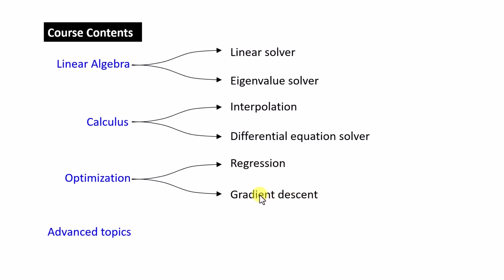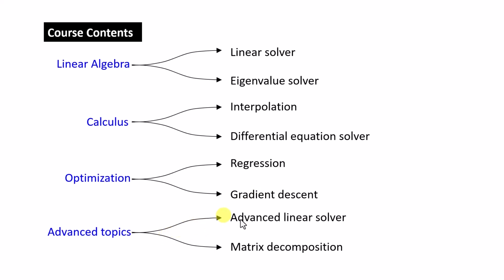Once we cover all the above, at the end of the course, we will discuss a little bit of advanced topics where we will talk about advanced linear solvers. In the linear algebra part, we will talk about very basic solvers, but in modern days, there are many advanced solvers. We'll talk a little bit about it. And then matrix decomposition, which is at a slightly higher level of linear algebra, becomes very important these days.